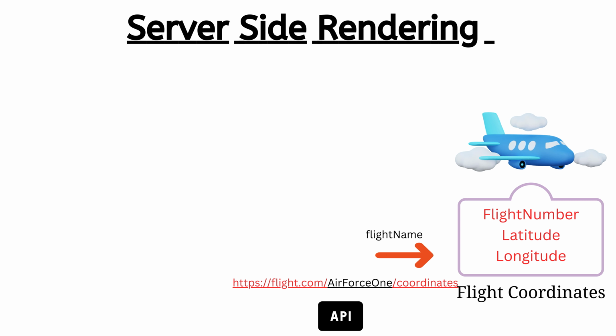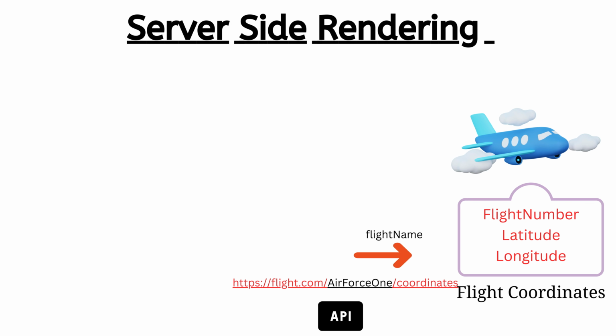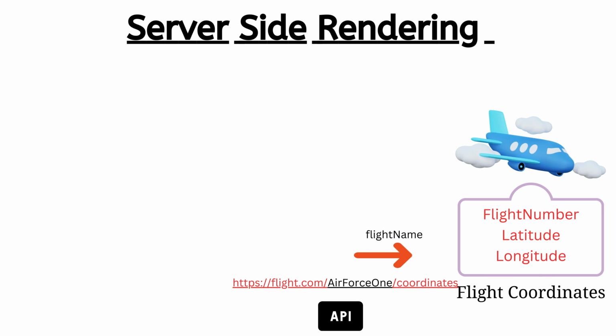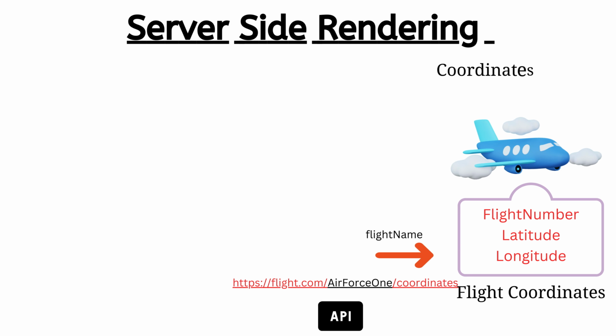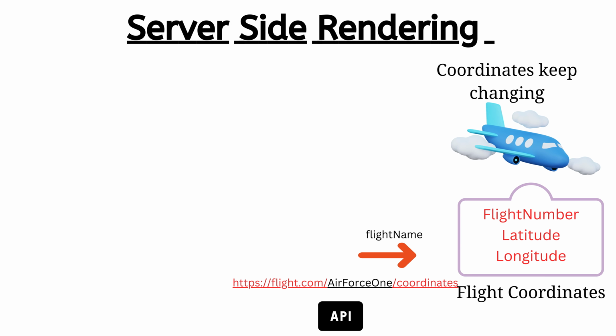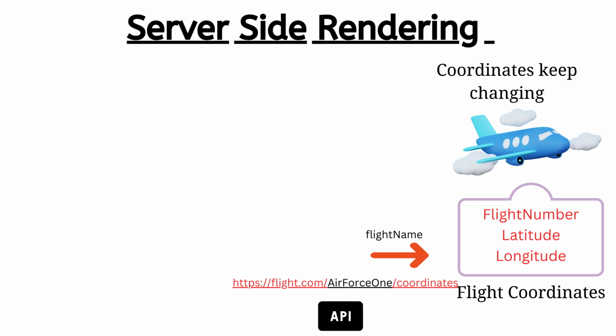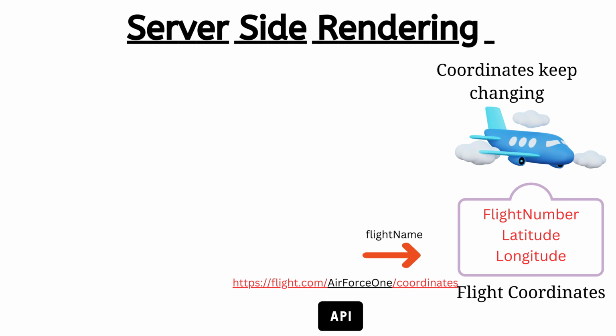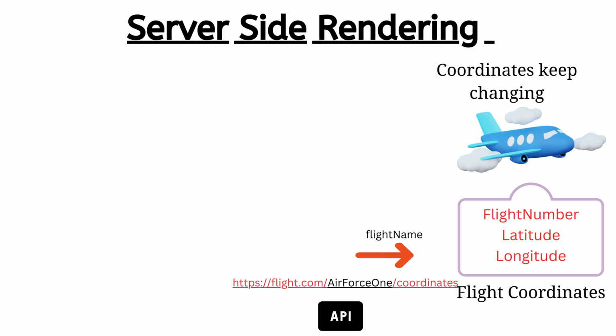If a flight is moving from one location to another, its latitude and longitude are going to be continuously changing every second. Since this data is dynamic in nature, we should use server-side rendering for this type of scenario.